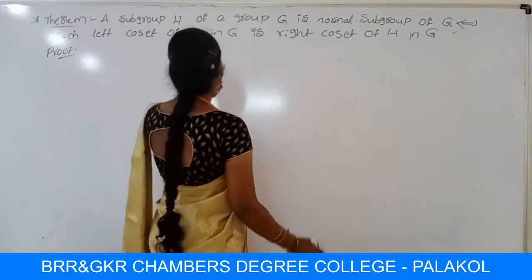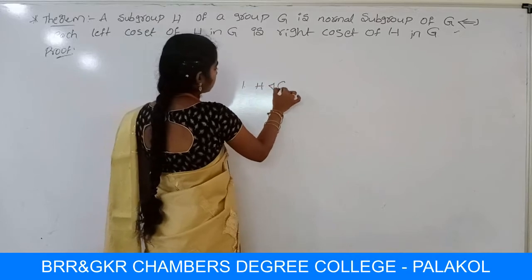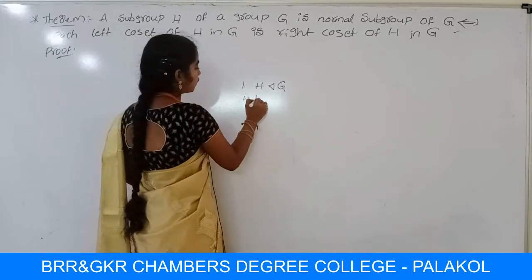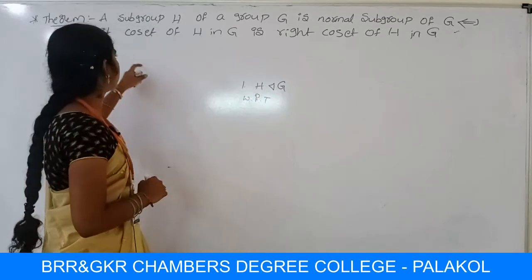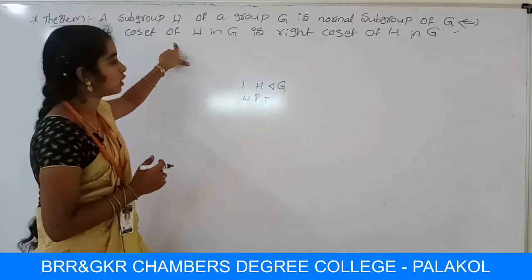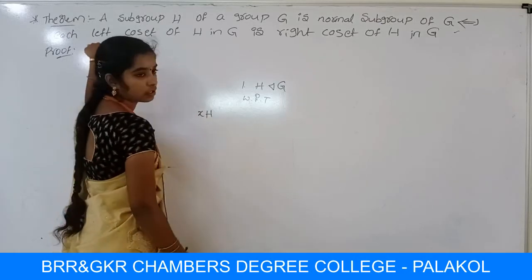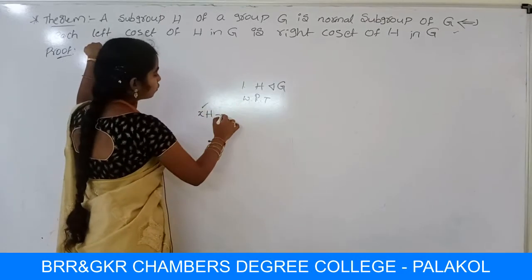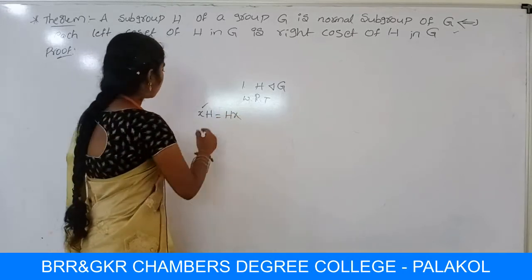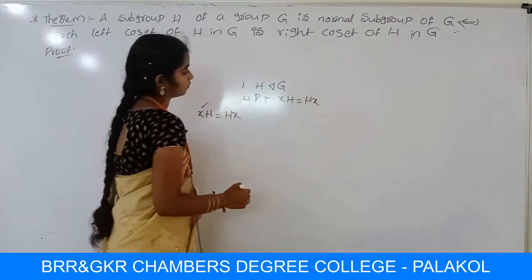First one, let us consider H is a normal subgroup of Z. So we have to prove that each left coset of H in Z is a right coset of H in Z. So each left coset, for example XH, this is the left coset, is the right coset HX. So this is the right coset. So we have to prove that XH equal to HX.